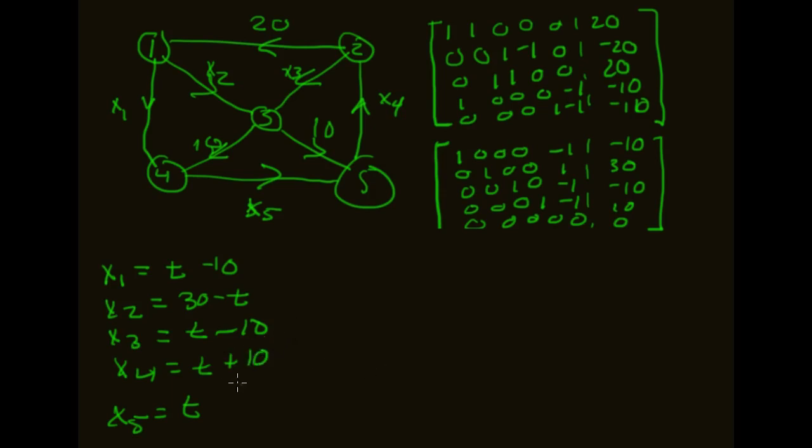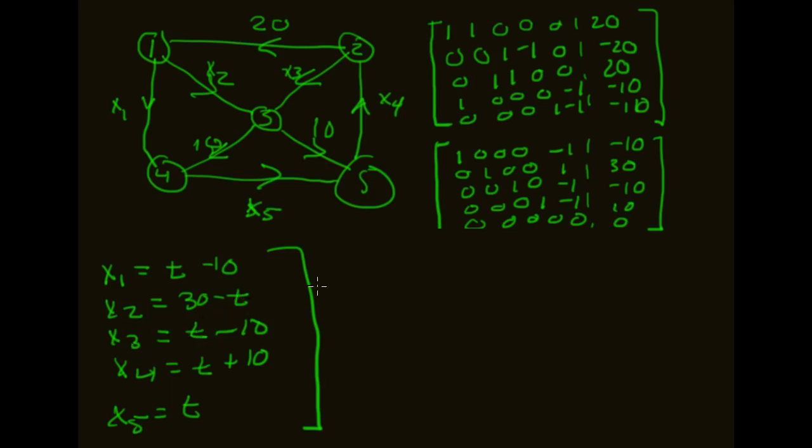Okay, so if I look at this, this should be a solution to that network for every value of t that's a real number. But then what would happen is some of these directional arrows would change because we would get negative flow. So we want to look at where t has to actually lie.